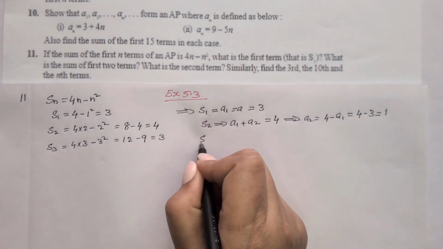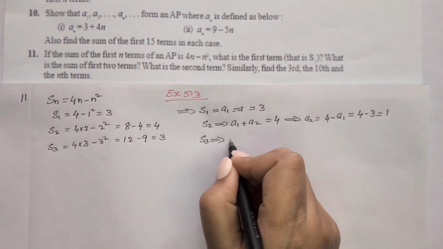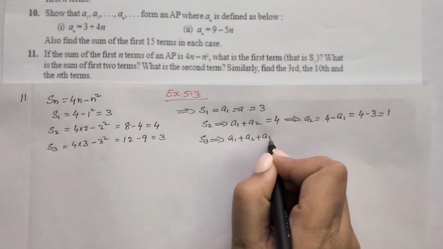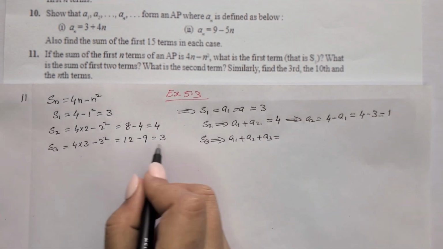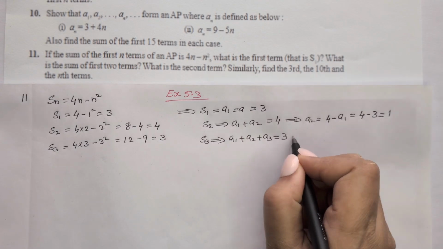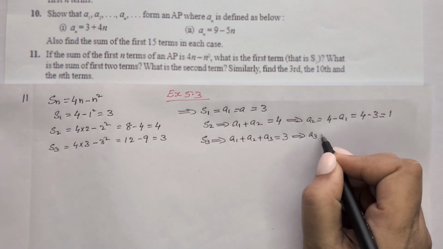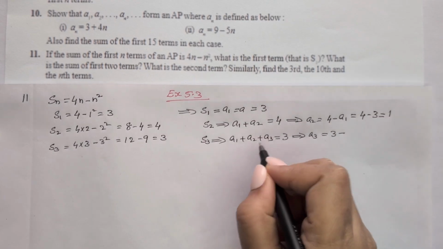Now S3. From S3 we know that is A1 plus A2 plus A3, the sum of the first 3 terms. That is equal to 3, which implies the third term A3 is equal to 3 minus (A1 plus A2).